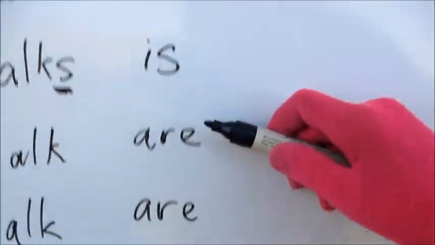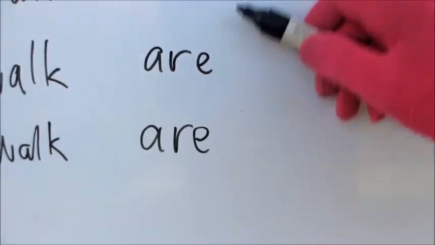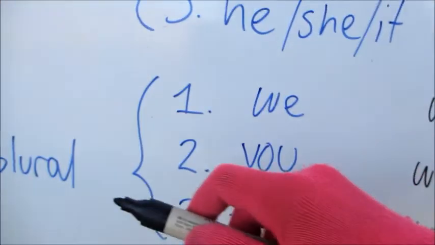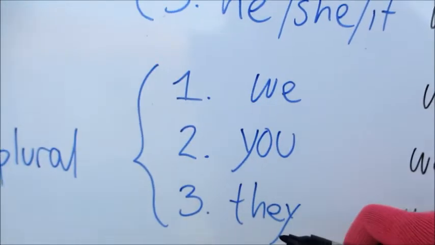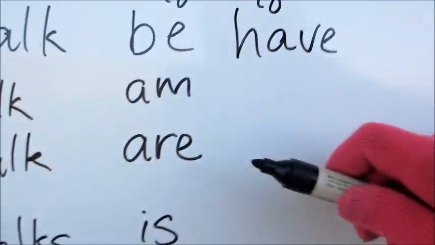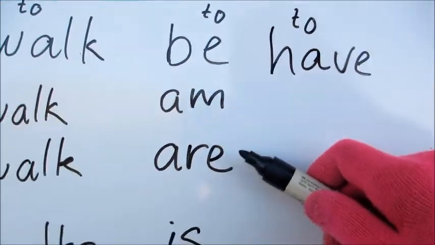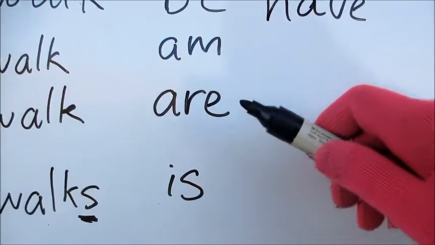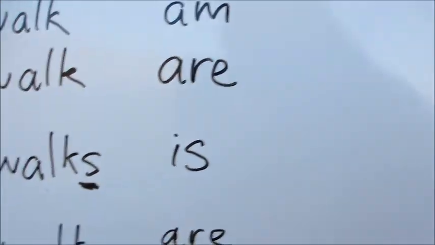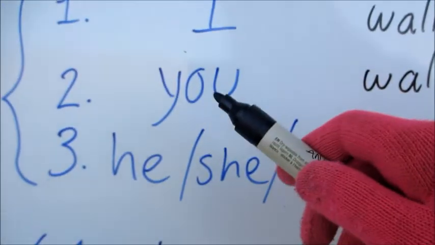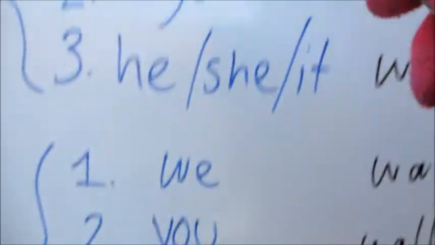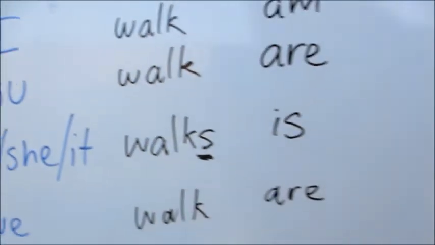This one just goes through all of the plural ones, we, you, and they, and it's also the singular you. So singular second person is also are. So when it's you you always say are, no matter if it's singular or plural.